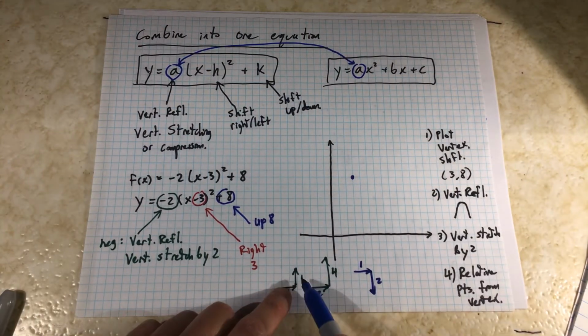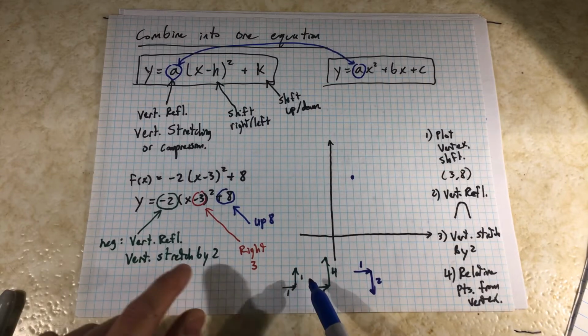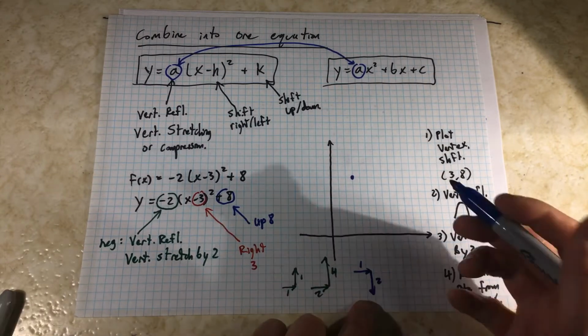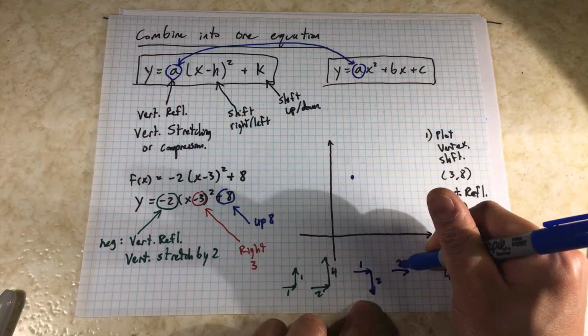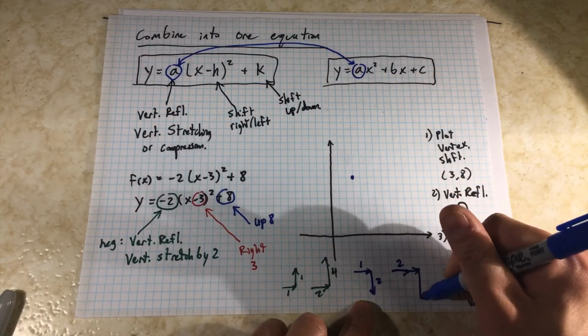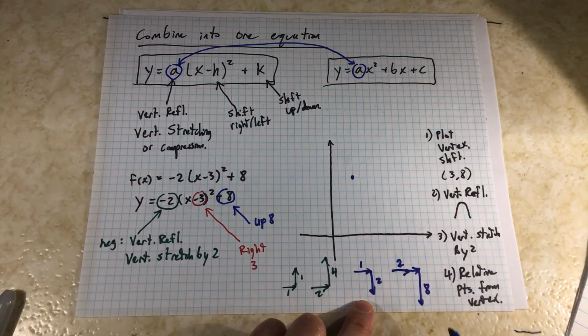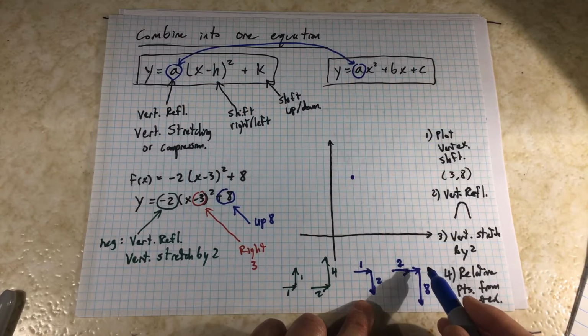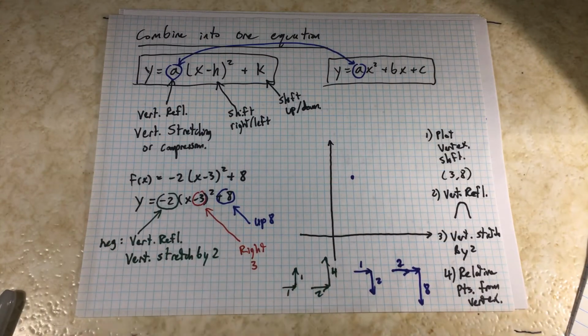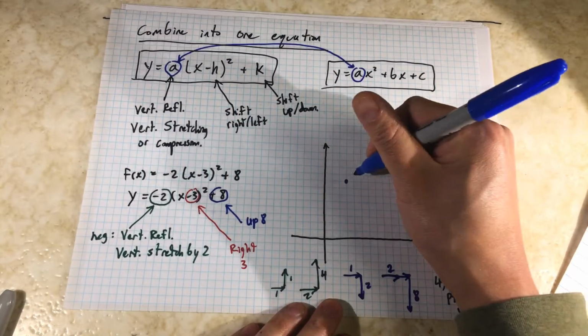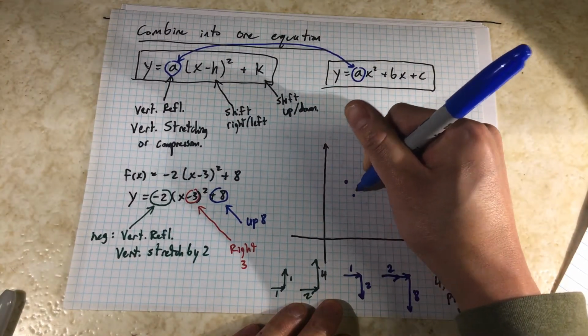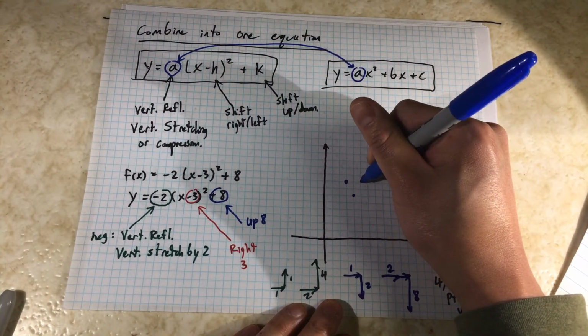So you can see we're going down because of the vertical reflection, and twice as far because of the stretch. And then we go right 2, and then we're going to go down 8. So again, we're going down because of the reflection, and we're going to double whatever amount we normally go. So that's how we're going to plot our points. So we go right 1, down 2, and then right 2, down 8.